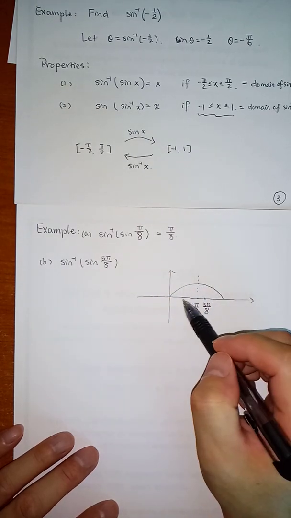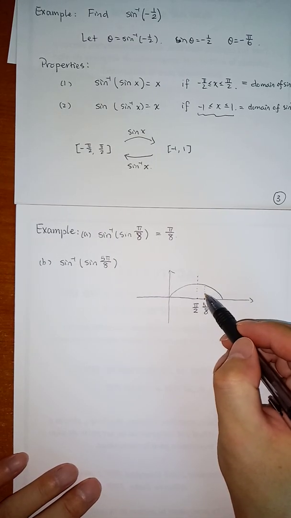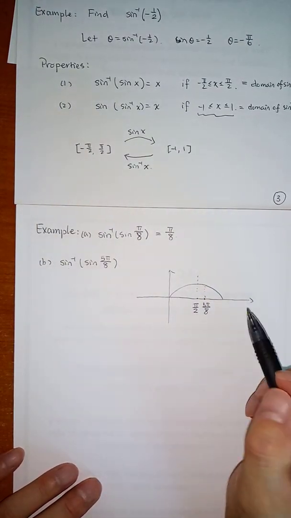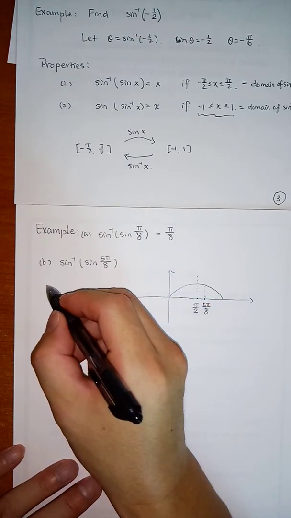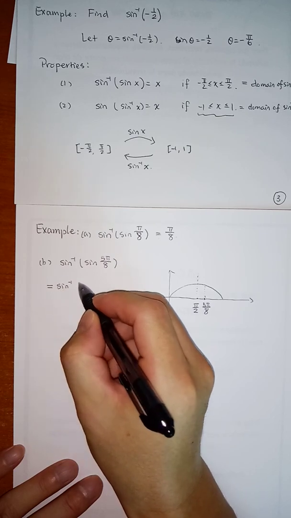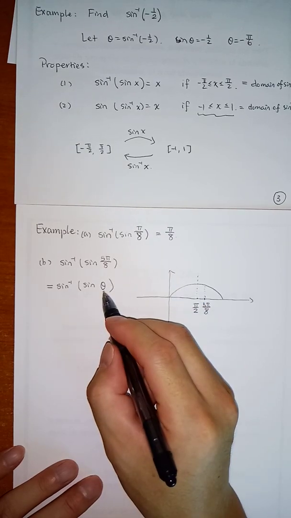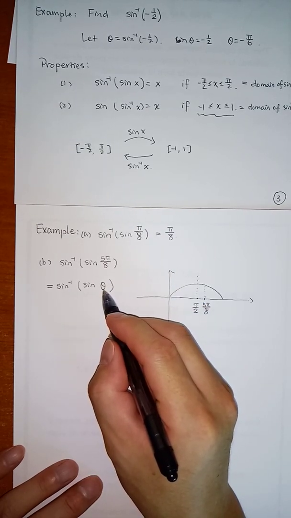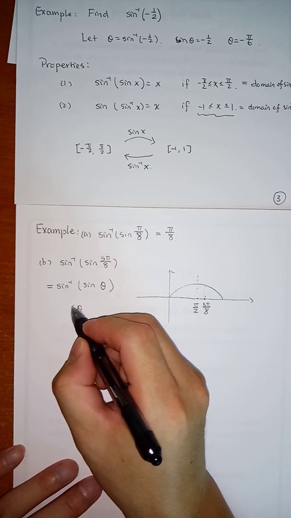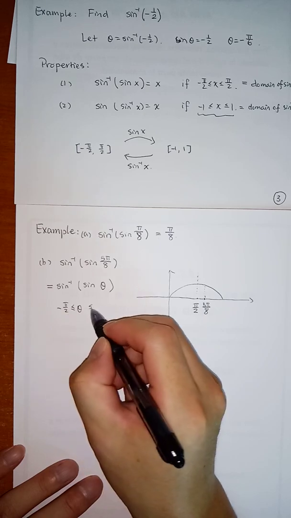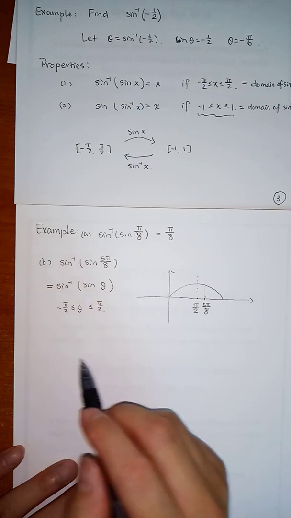It's outside of negative pi over 2 and positive pi over 2. Okay, then what is this? If it's outside of the domain, you are looking for an angle theta. This angle theta gives you the same sine value, inside the domain between negative pi over 2 and positive pi over 2.